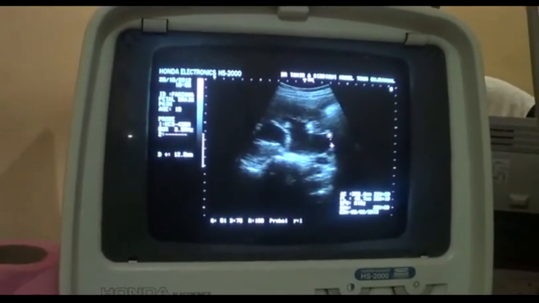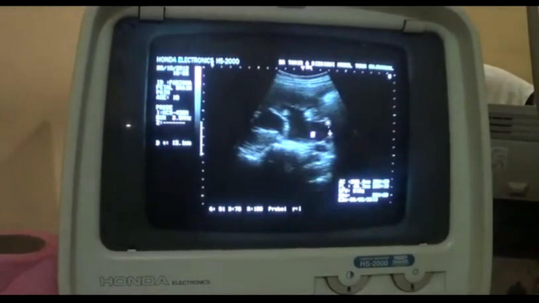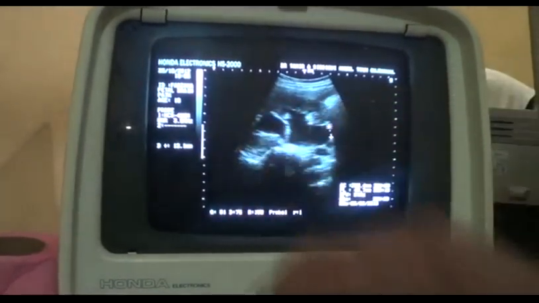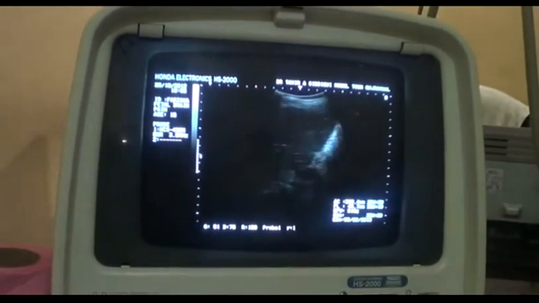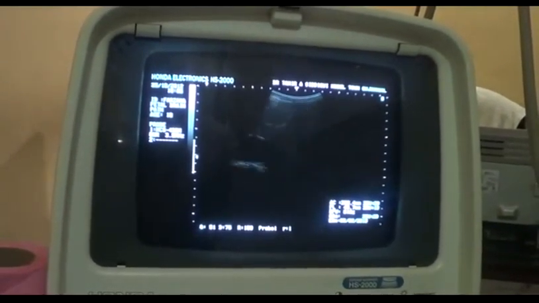The right proximal ureter measures 13.1, which is again dilated if we consider the normal one. See, this is the cause of pain.